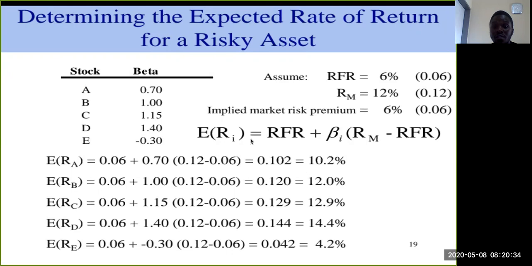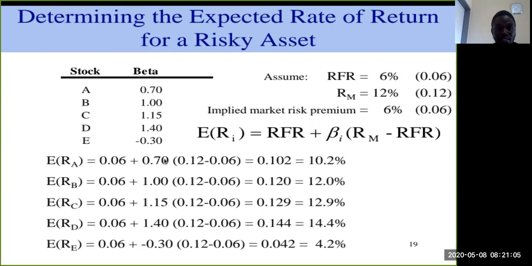Assume that the risk-free return was 6%, and the risk-free interest is supposed to be here, 6%.